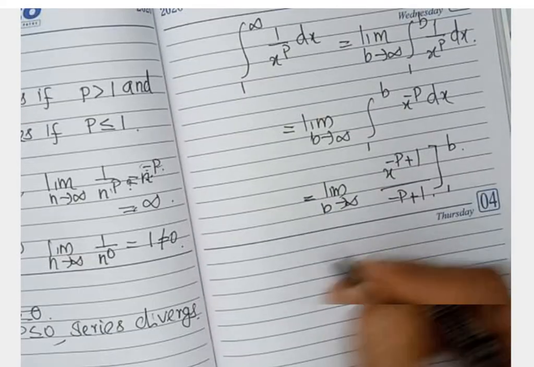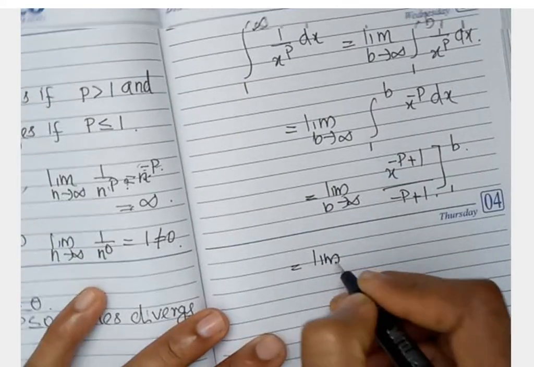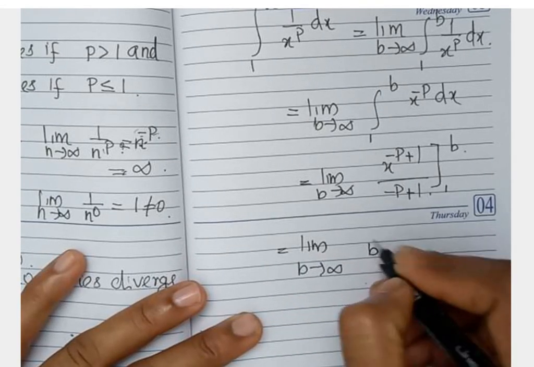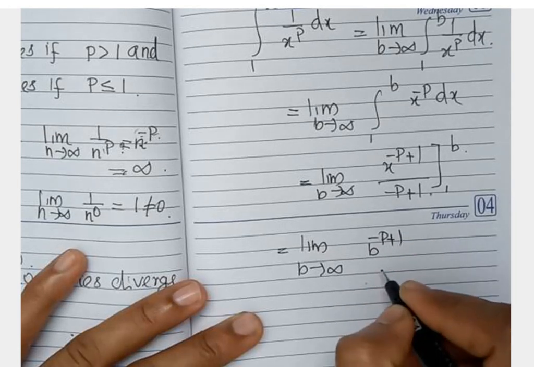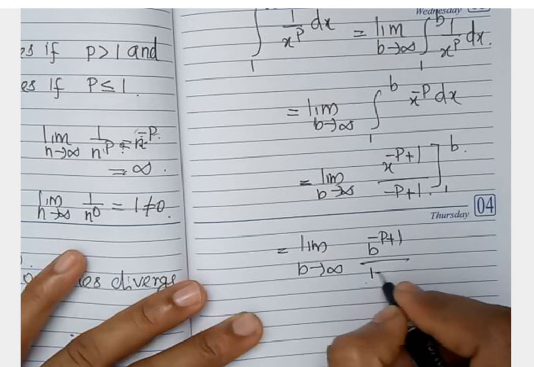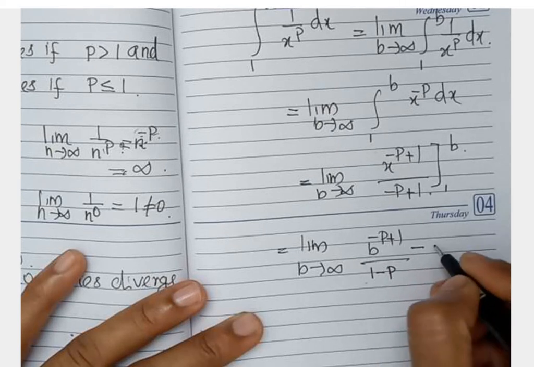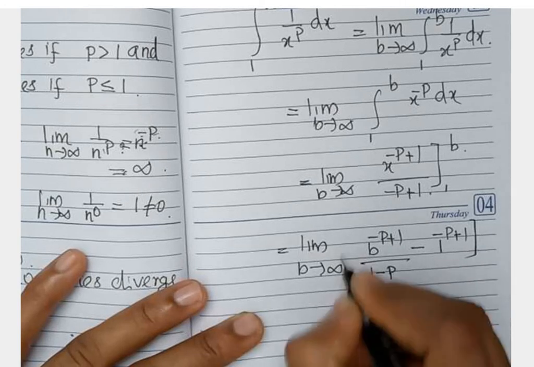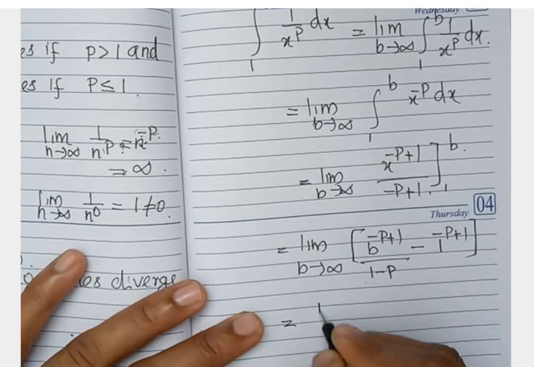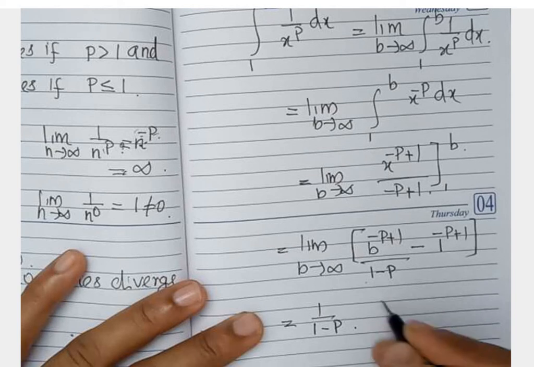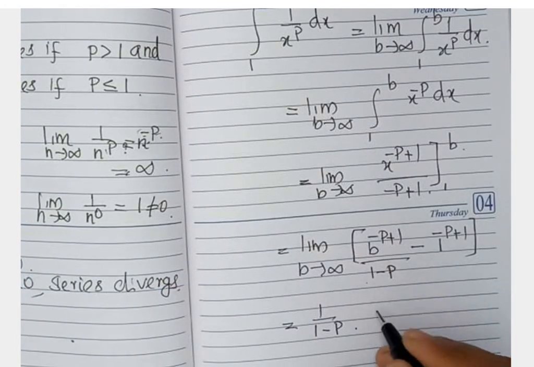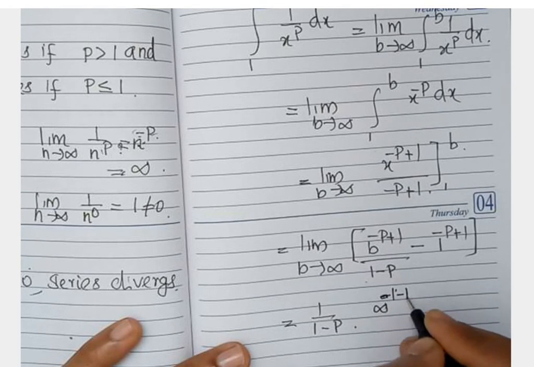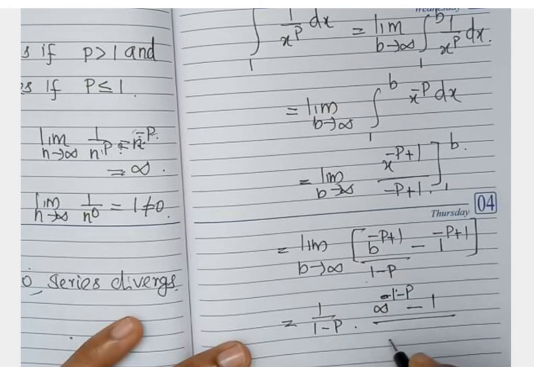That equals the limit of b raised to minus p plus 1 divided by 1 minus p, minus 1 raised to minus p plus 1. This is equal to 1 by 1 minus p into infinity raised to 1 minus p, minus 1, divided by minus 1.